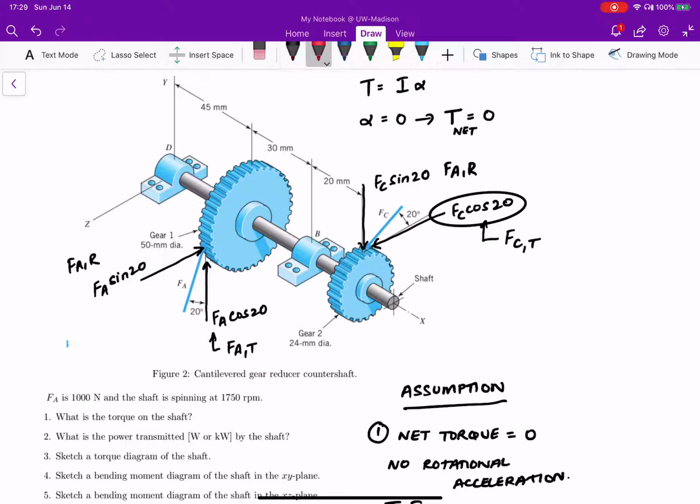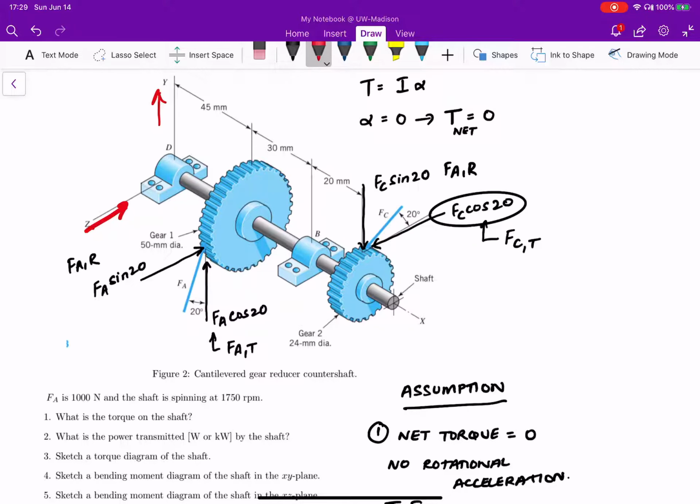So as you can see, there are forces that are being applied in the Z direction and in the Y direction. So we are going to have the XY plane because as we move along the X direction, what are the forces in the Y? As we move along the X direction, what are the forces in the Z? So that's why we have forces in two planes.